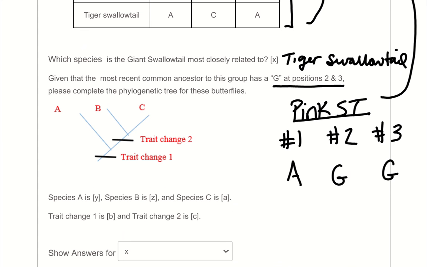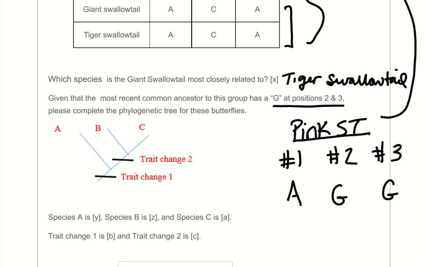And so now the next part is species A is what? Species B is what? Species C is what? On this phylogenetic tree. So we know that the pink swallowtail that I just made up the name for is an ancestor to all of these. So time on phylogenetic trees moves upward.